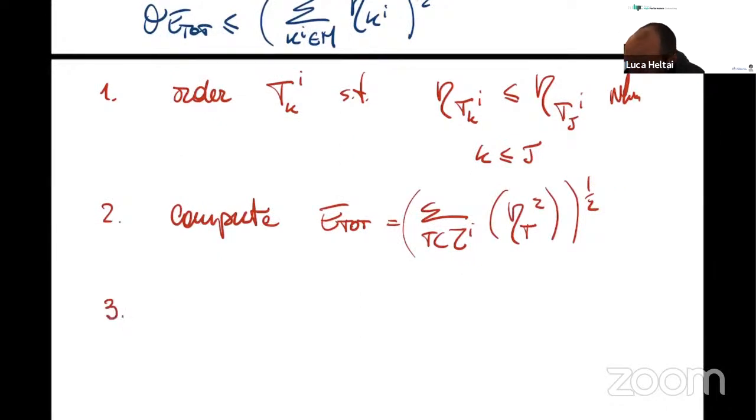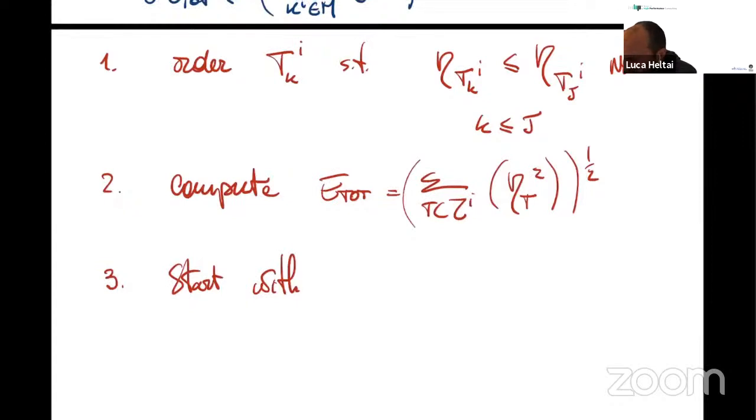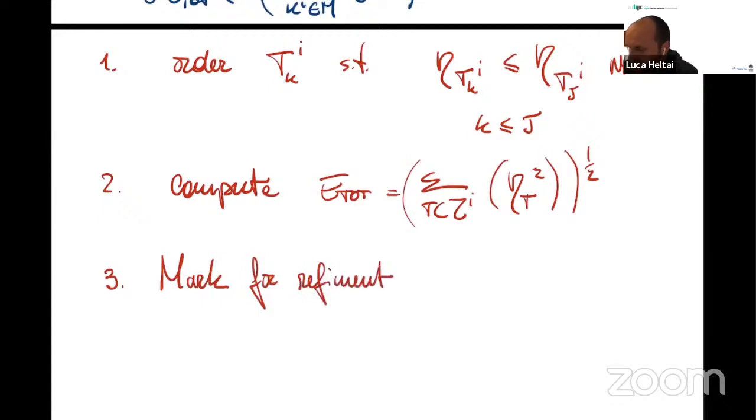And then step 3: start with, so, mark for refinement up to element, let's say k bar.